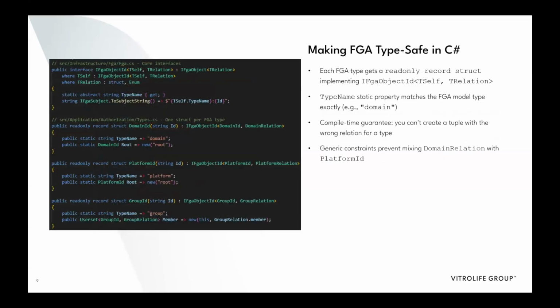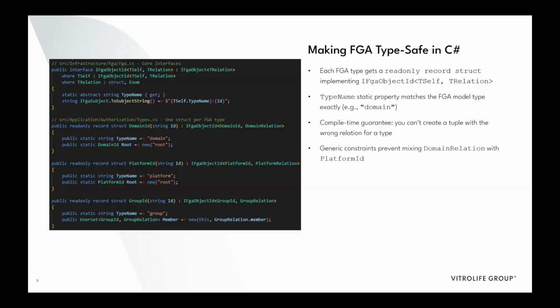So OpenFGA tuples are like raw strings. When we started building these APIs, we wanted to ensure that if we have a specific relation, we can only have a specific type of object, and we wanted to enforce that.